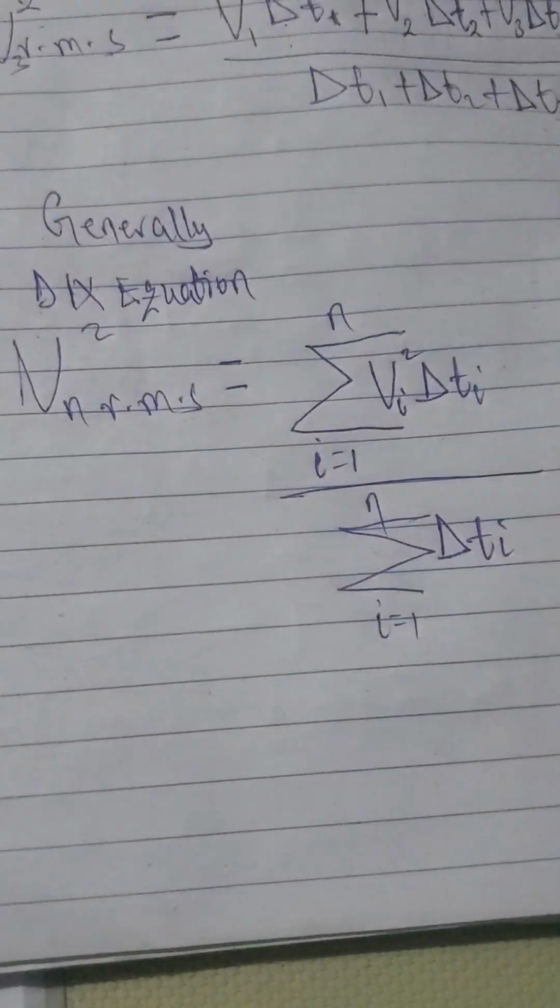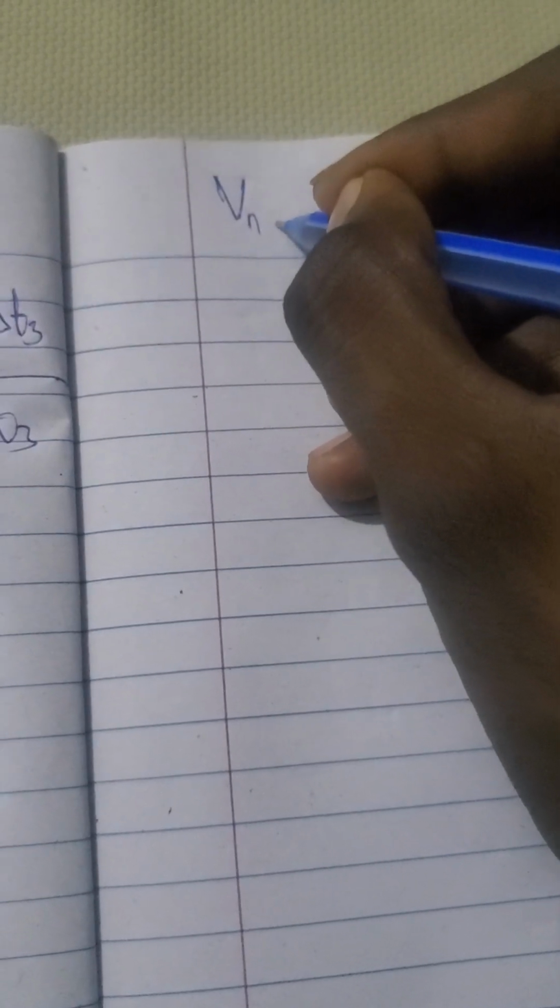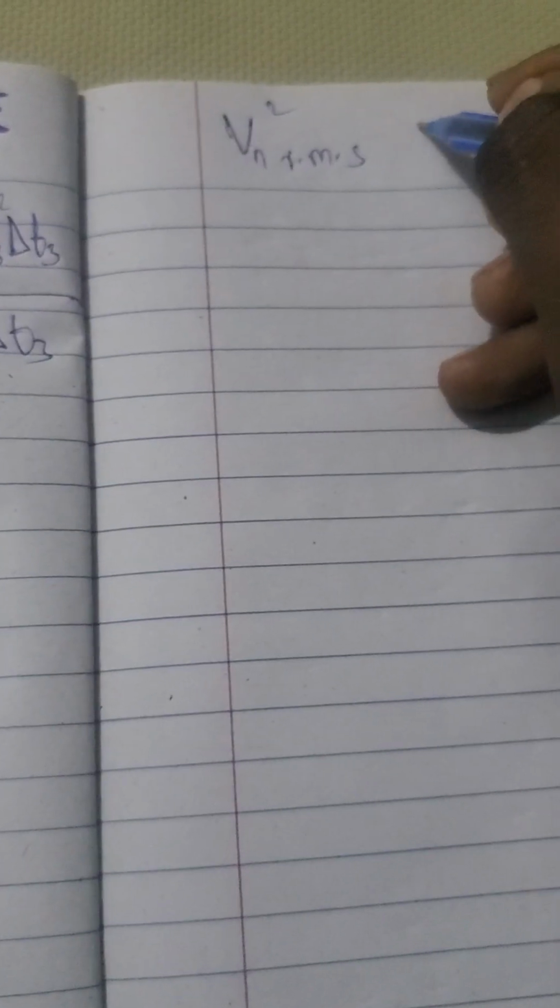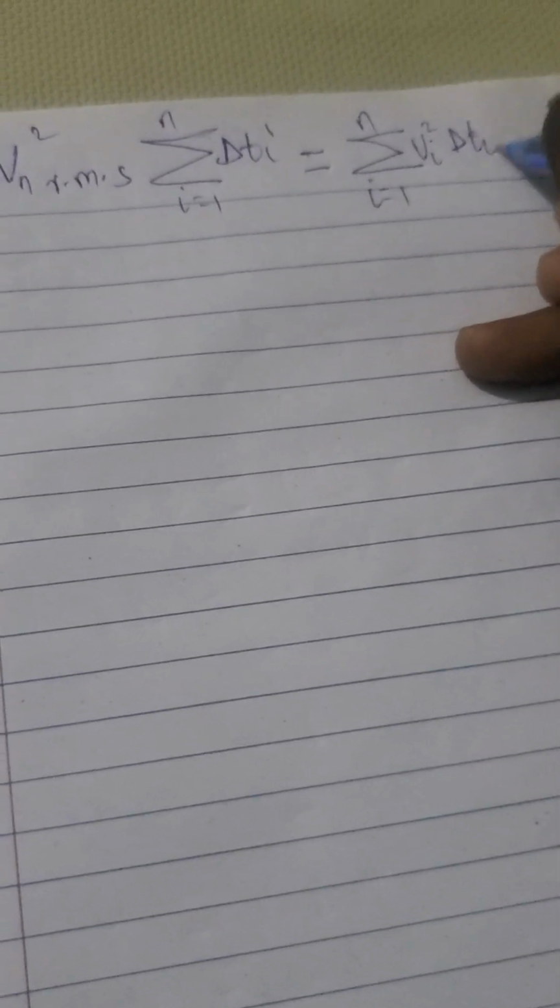If you multiply the denominator on each side, you will get the root mean squared velocity for the nth layer squared, multiplied by the summation of the one-way vertical travel time from i equals 1 to i equals n, equals the summation from i equals 1 to n of vi squared times change in ti. We can call this equation number 1.